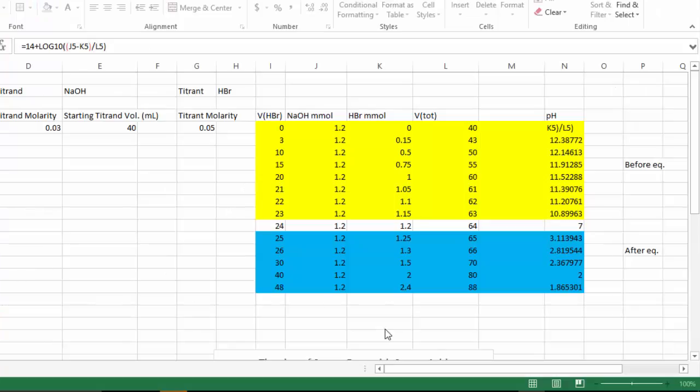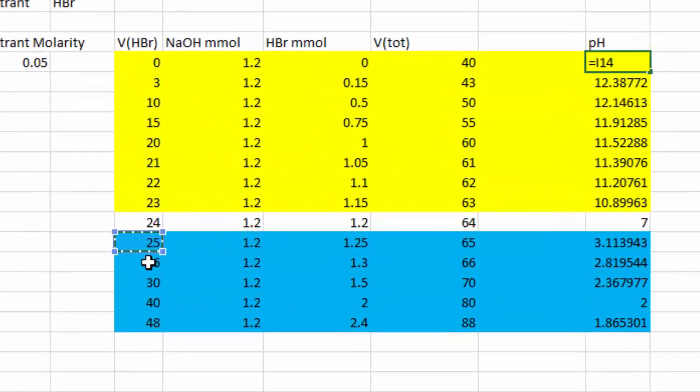3.11. Now, I'll just quickly go back to the Excel spreadsheet because I also used it for the calculations past the equivalence point. So here are the volumes past the equivalence point for which I did the calculations. Okay, so I calculated the number of millimoles of sodium hydroxide.